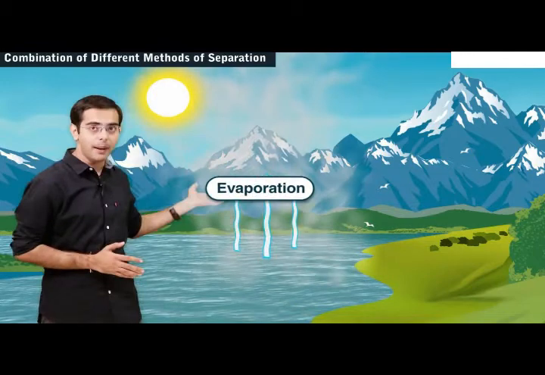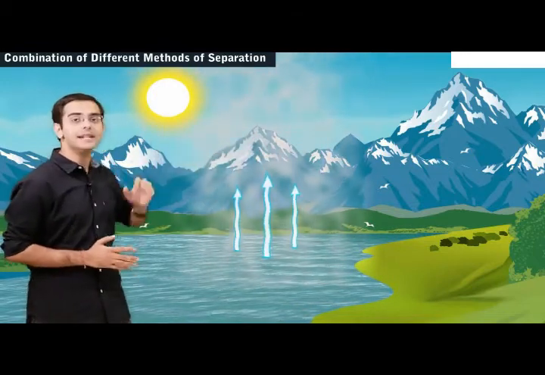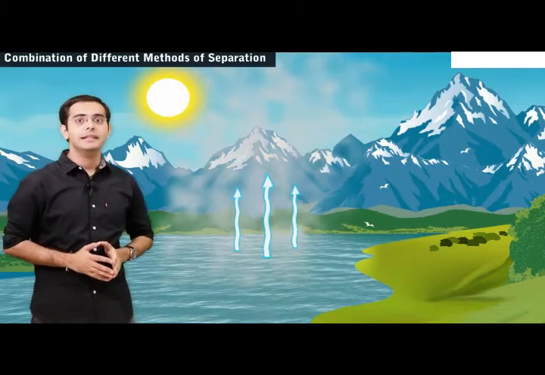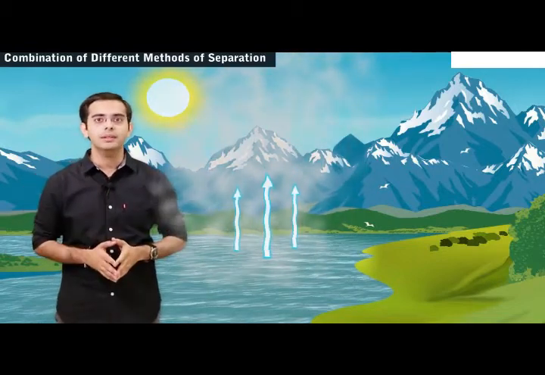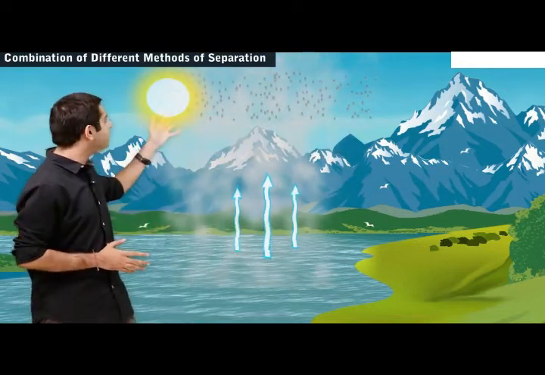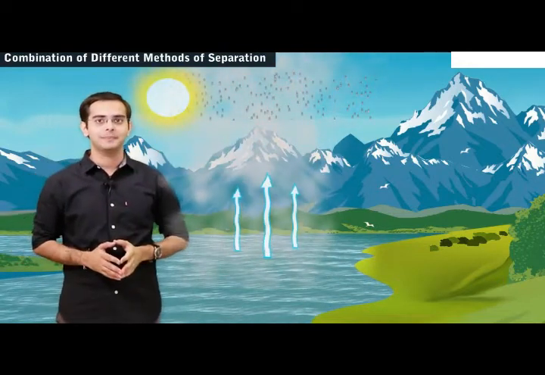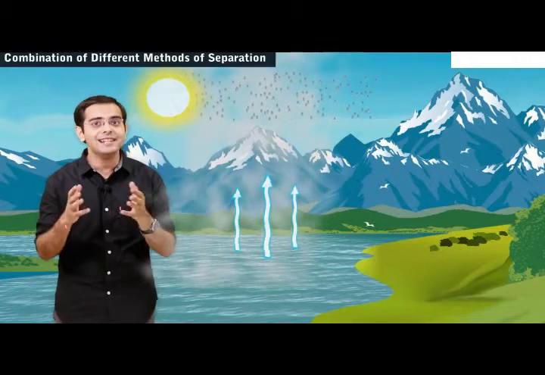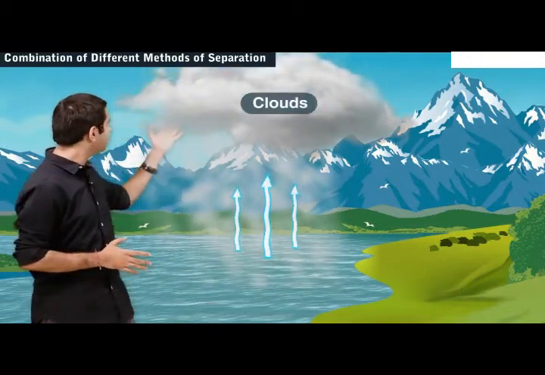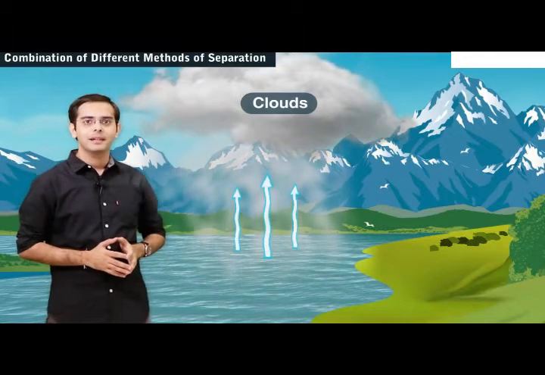Now, as the moist air moves up, it gets cooler and cooler. And at sufficient heights, the air becomes so cool that the water vapor present in it condenses to form tiny water droplets. These tiny drops of water accumulate together to form clouds.